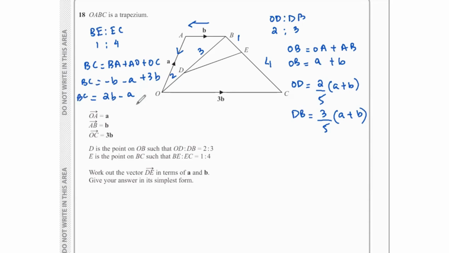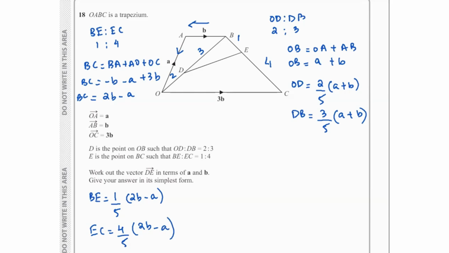Now we can find BE, which is going to be 1/5 of BC, that's 2b minus a. And EC is going to be 4/5 of BC, so that's 4/5 times 2b minus a. We have to find vector DE.